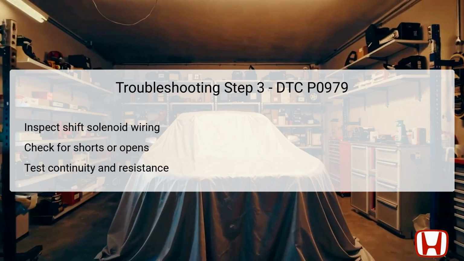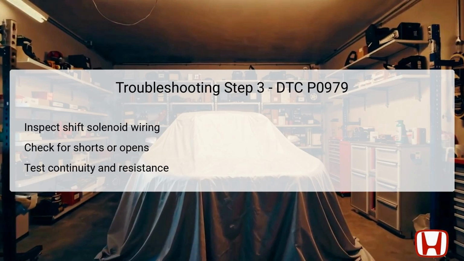In the third troubleshooting step, the focus shifts to the physical inspection of the Shift Solenoid Valve C wiring. Technicians should examine the harness for any signs of damage, corrosion, or exposed wires that could contribute to shorts or open circuits.